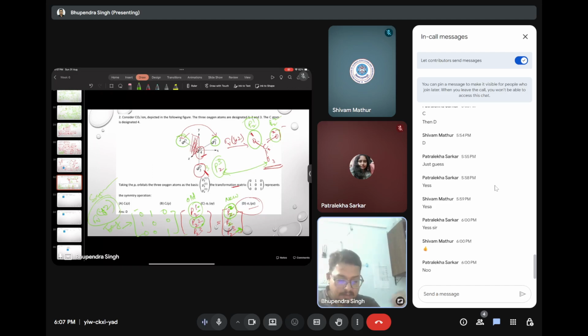Now if this is correct, then the transformation matrix I have calculated should be the same as this transformation matrix.